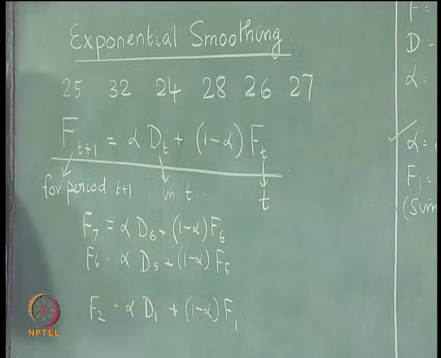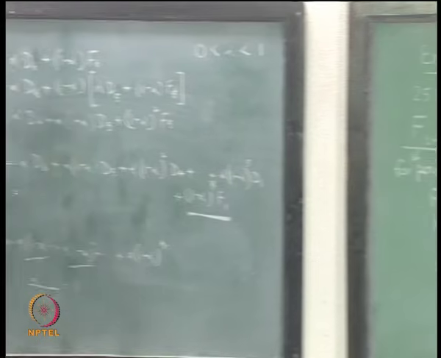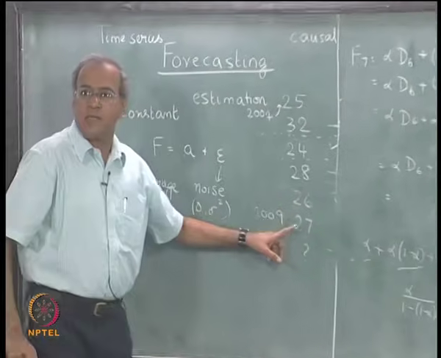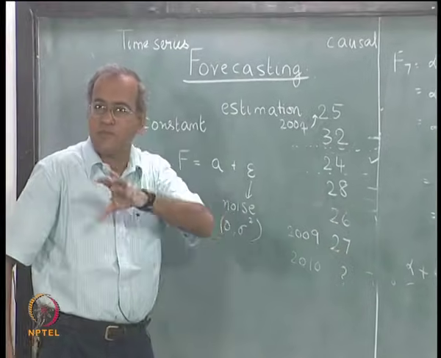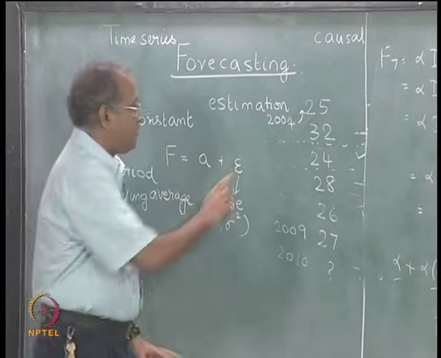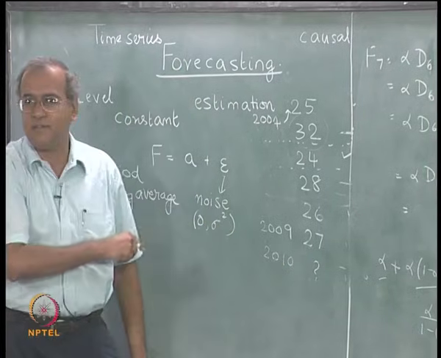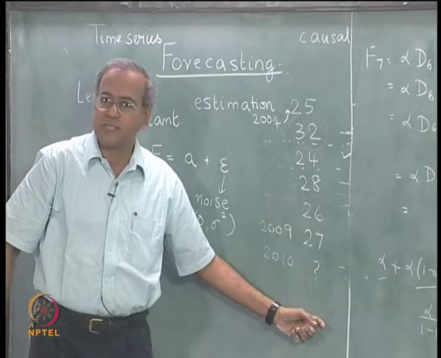The whole forecasting comes because this demand is not extremely stable and it exhibits a certain amount of noise. Just for the sake of argument, if all these numbers were 27, then we do not need forecasting and we would say that the next value is 27.